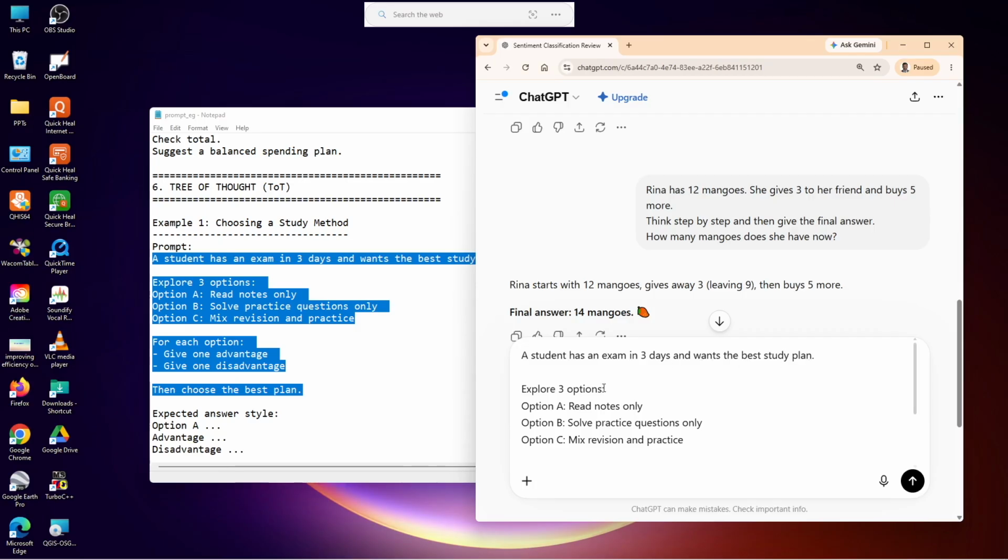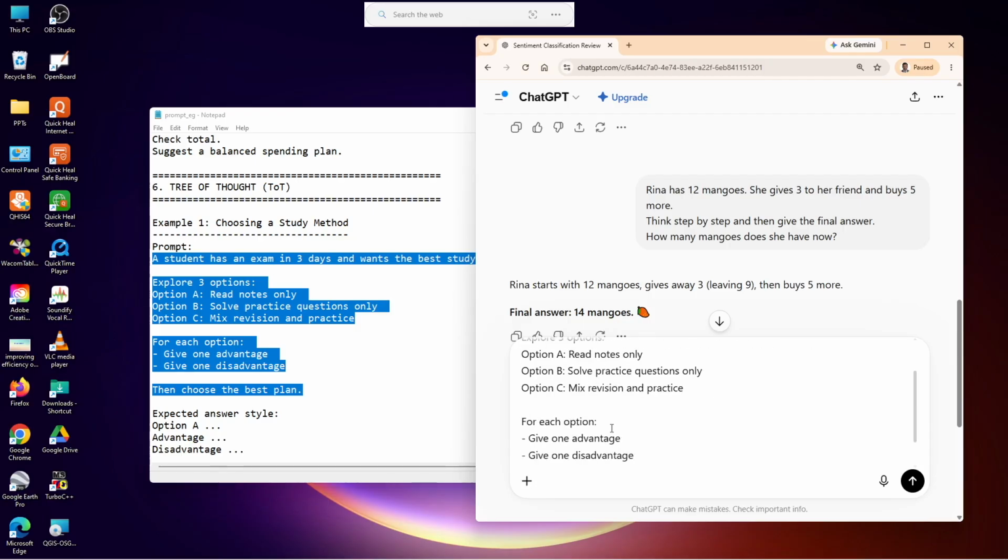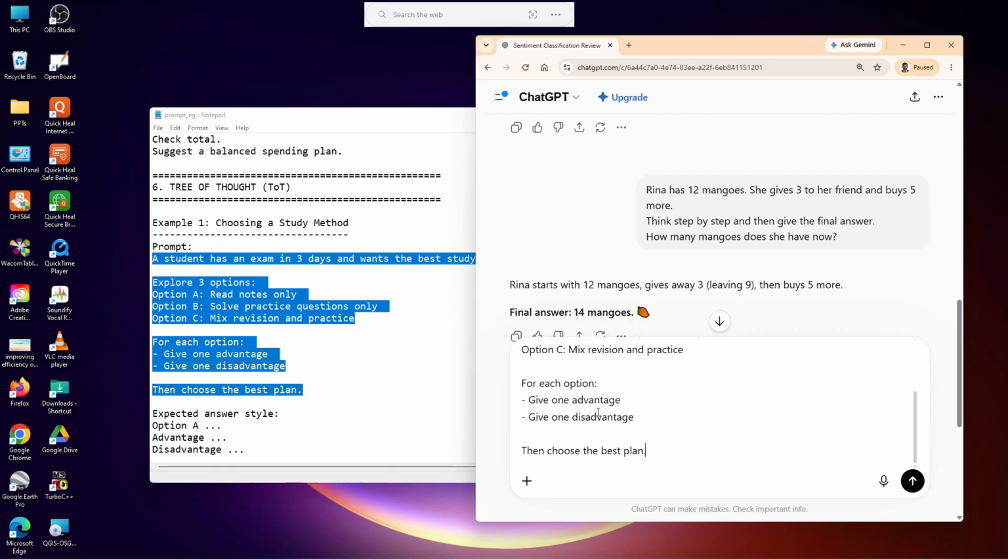Explore 3 options. Option A is read notes only, option B is solve practice questions only, option C is mixed revision and practice. For each option we are asking the LLM to give one advantage and one disadvantage, and along with this we are also asking the LLM to choose the best plan.